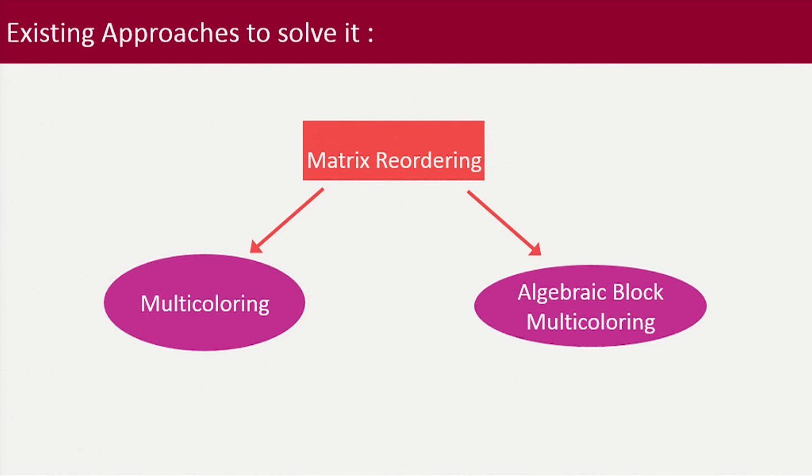A common method in this category is the so-called multicoloring. An extension of this method for performance improvement is the so-called algebraic block multicoloring method. These approaches can also be extended for solving distance-2 dependencies.